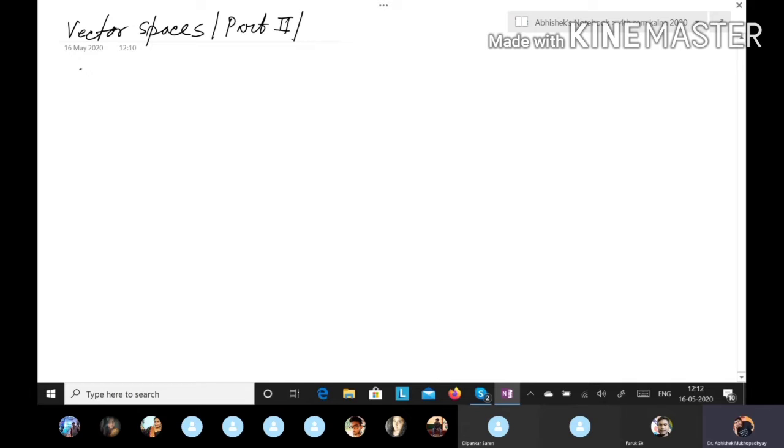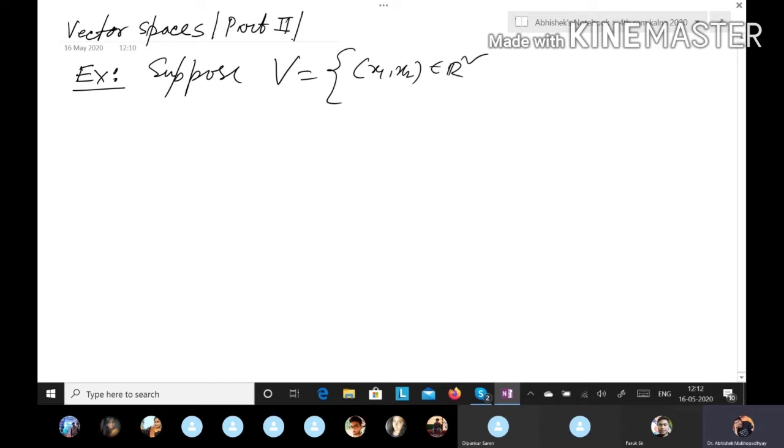Suppose V is the set of all points in R2 such that x2 is x1 plus 1.